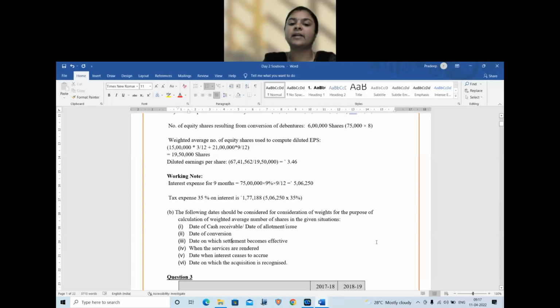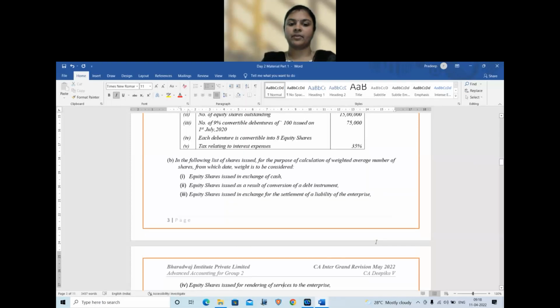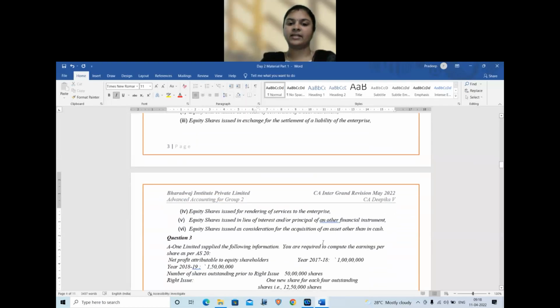So, date of settlement, the date on which the settlement becomes effective. Next, equity shares issued for rendering of services to the enterprise. Date on which service has been completed. So, date of completion of service.